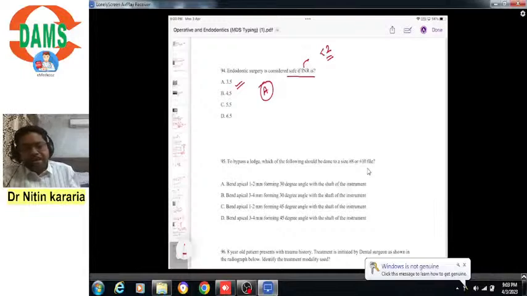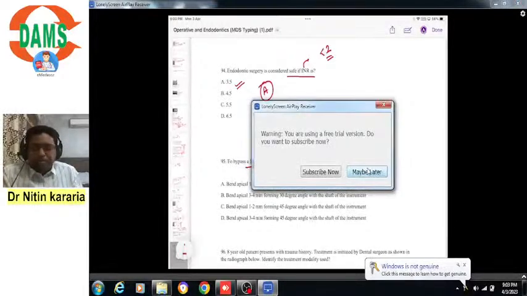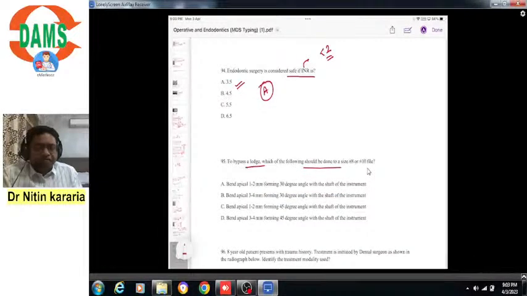To bypass a ledge, now you know what is a ledge. A ledge is a horizontal shelf-like extension that blocks the canal and prevents access to the apical 1/3 of the root canal. Which of the following should be done to a size number 8 or number 10 file, the small file?